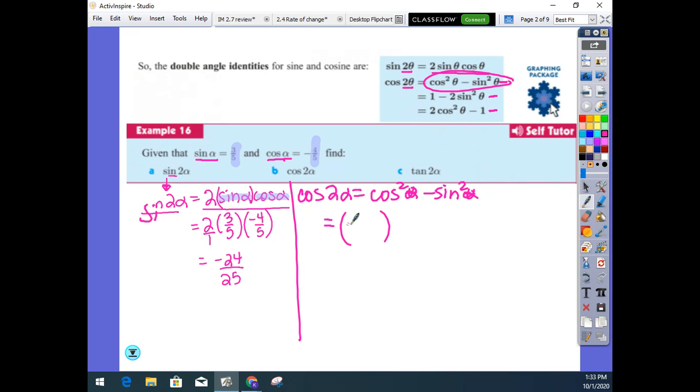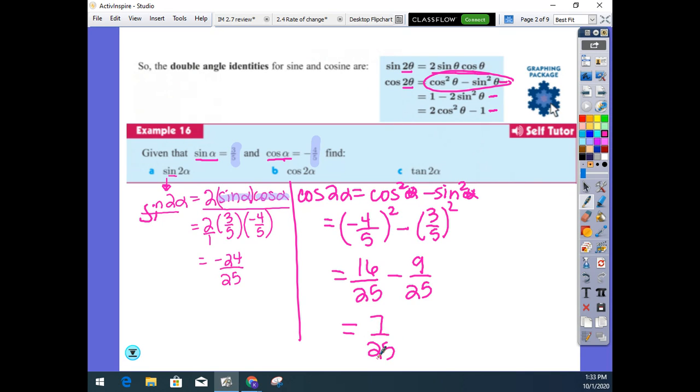So cosine is -4/5 squared minus sine is 3/5 squared. Now we just square them. 16/25ths minus 9/25ths. Subtract, because this is why I like this one, is you have common denominators right away. Done.